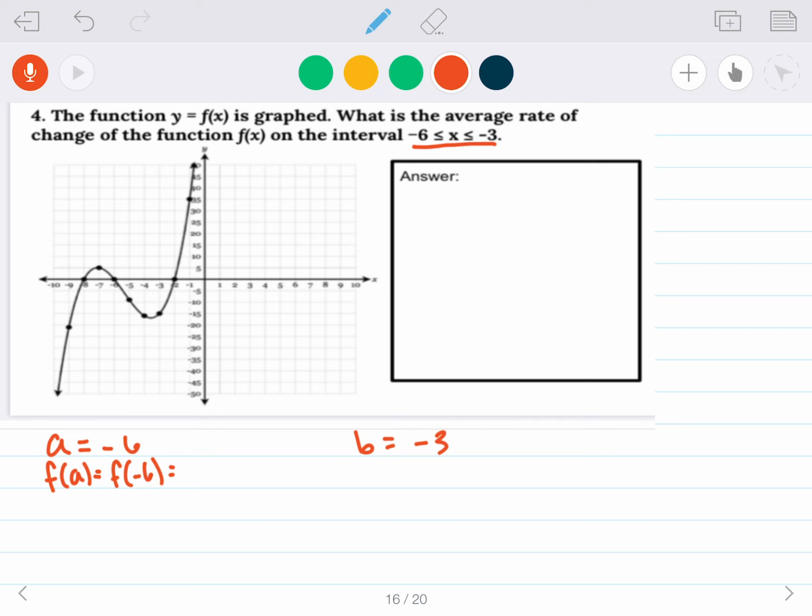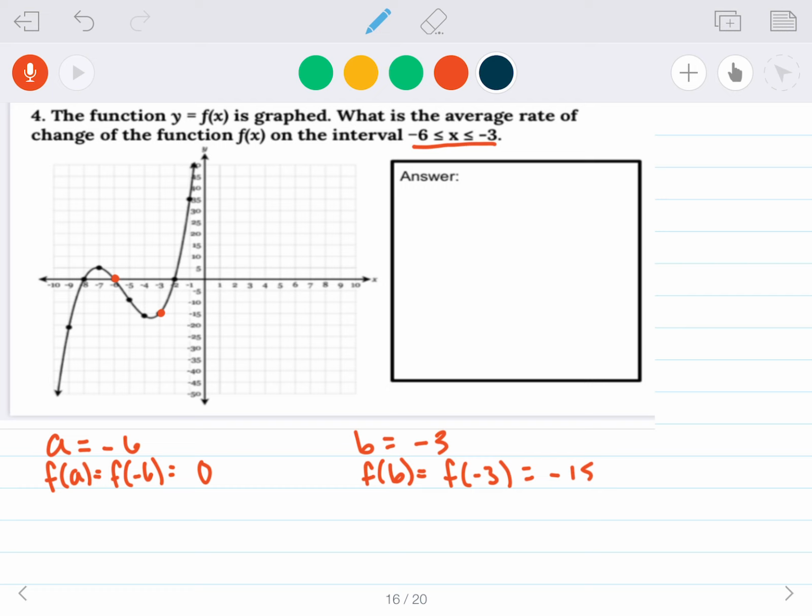Well, we can just see that on the graph. That is going to have an output of 0, right? So that's 0. What about f of B? F of B is just f of negative 3. And so what's the output when x is negative 3? Well, that corresponds to a y value of negative 15. So f of B is negative 15.